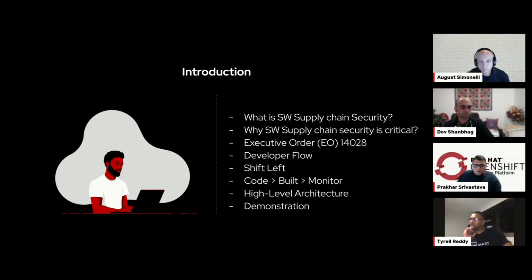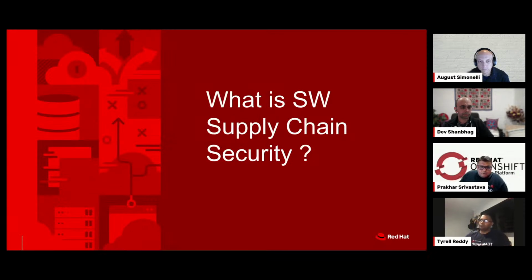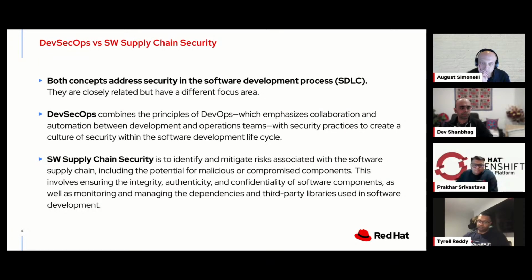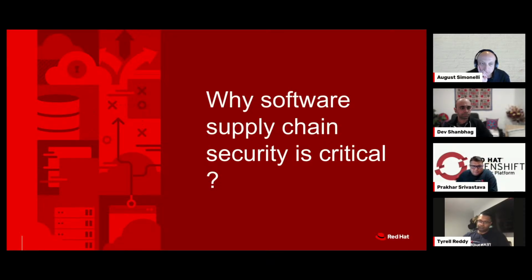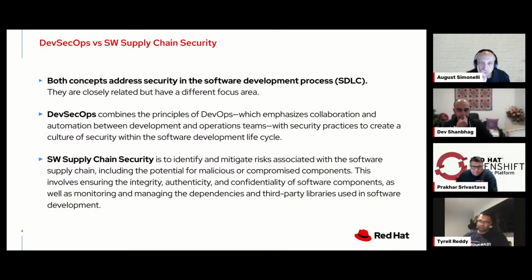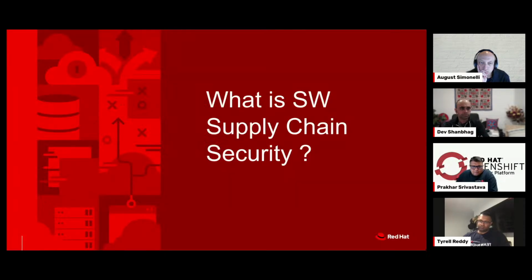So let's start with what is software supply chain. When we talk about software supply chain security, we always discuss DevOps and DevSecOps. DevSecOps is basically DevOps on steroids, or DevOps boosted by security.